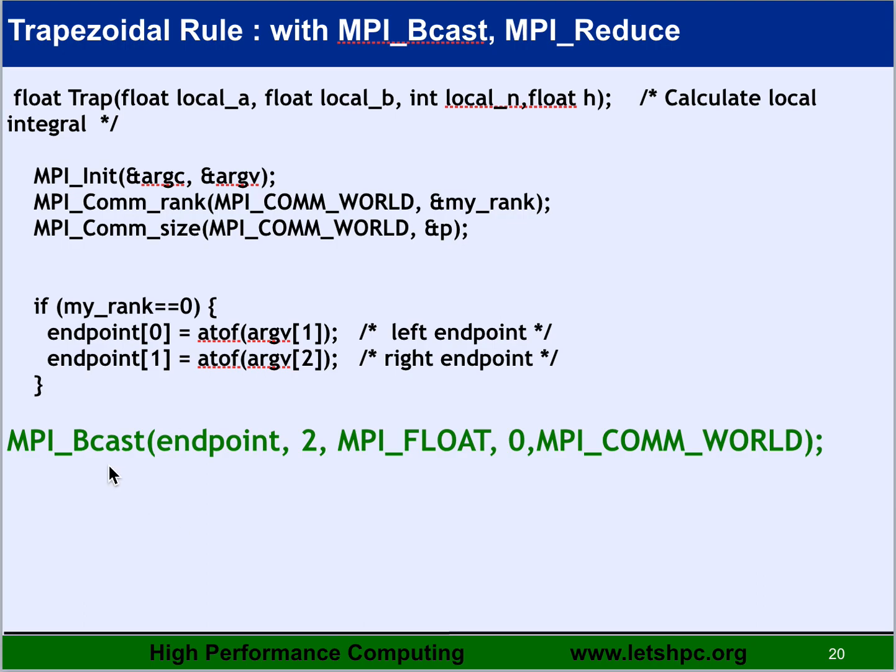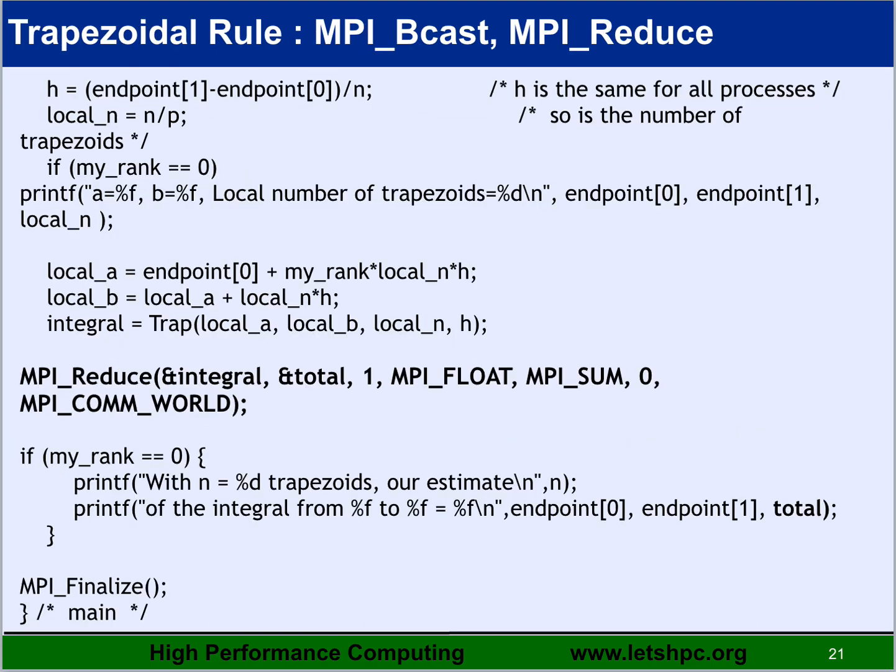So you can simply do an MPI broadcast, and you can see this is 0. Process 0 is calculating endpoint 0 and endpoint 1, the left endpoint and the right endpoint, the start and the end, and this information is sent to all the processes. So only process 0 calculates that, and it broadcasts these two values to all other processes.